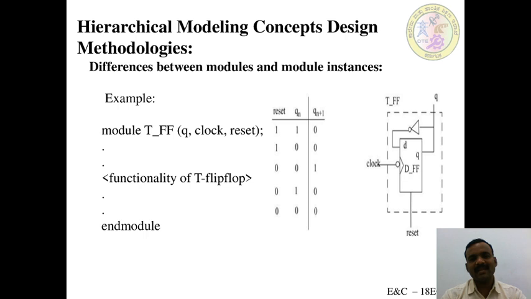After this we can write the functionality, meaning the logic, of the T flip-flop based on the truth table. Finally, after the functionality we write endmodule. This is a simple T flip-flop program.